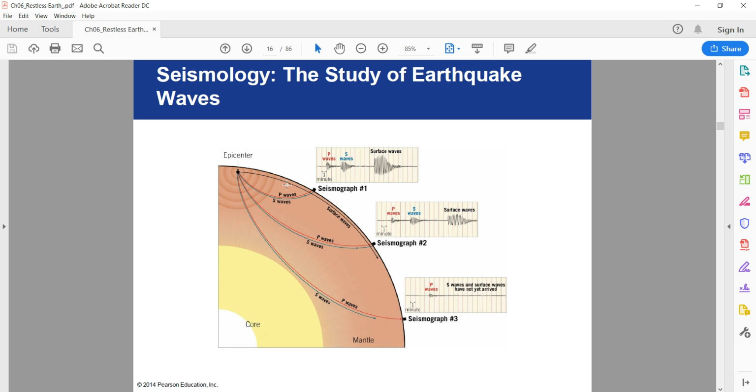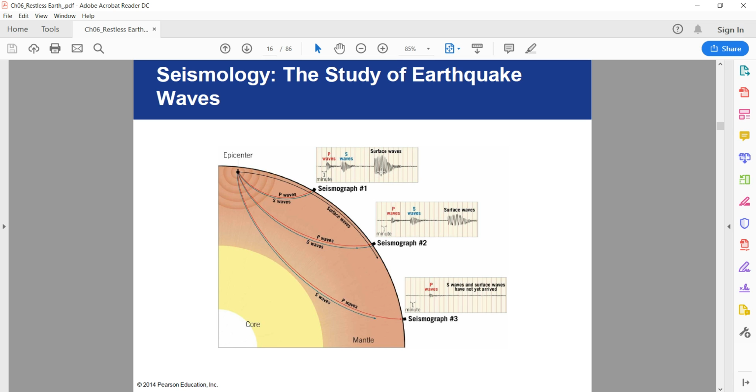The P waves and S waves reached seismograph 1. Surface waves have also reached here. Seismograph 2 has also registered surface waves, P waves, and S waves.